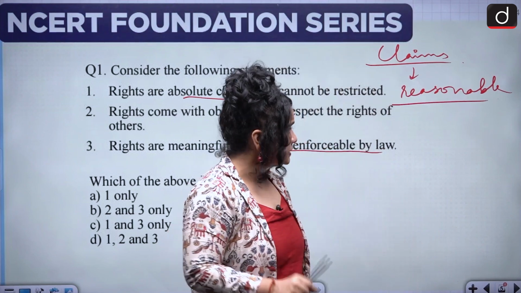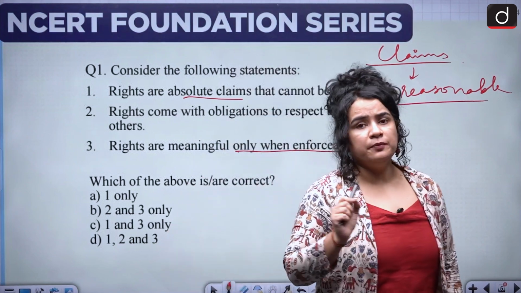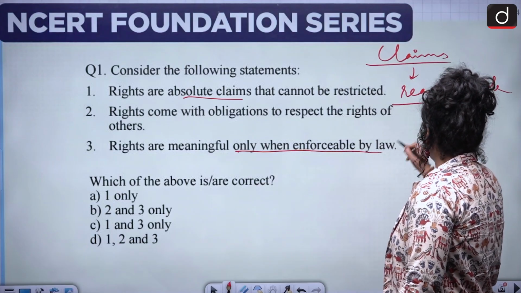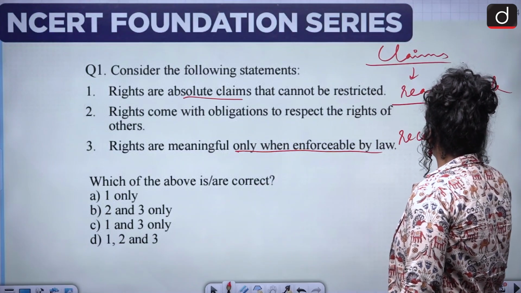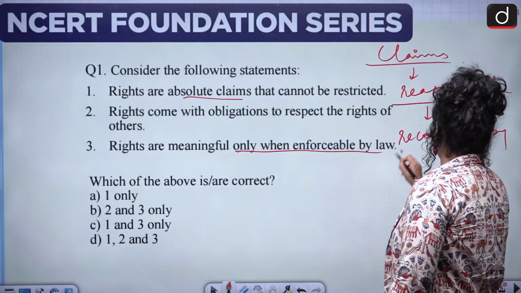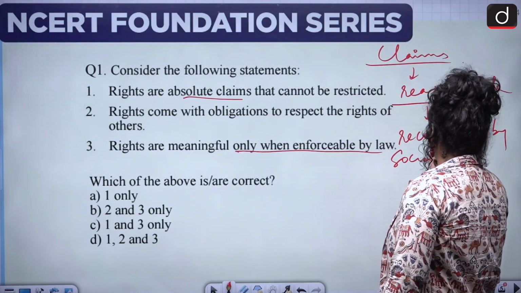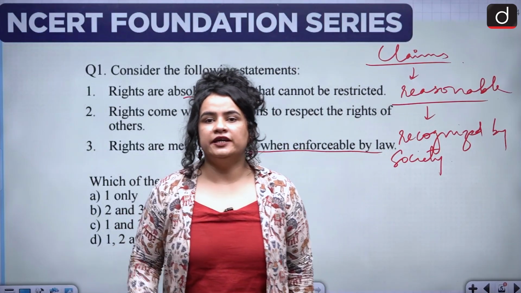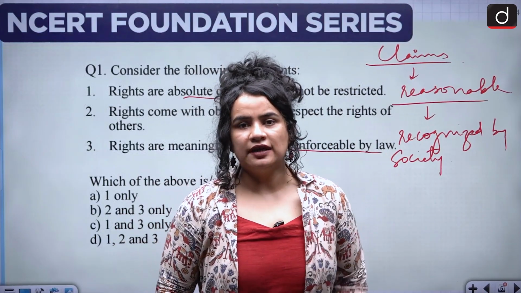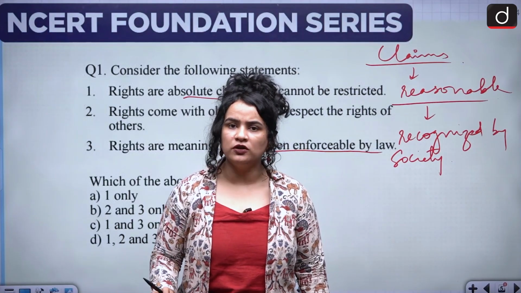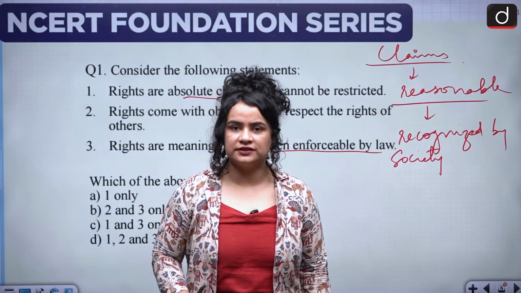Alright? Now, whenever we talk about rights, we talk about them in the purview of society. So, any rights have to be recognized by the society. Now, imagine you are living outside of the society. You are someone who has absolutely no social interaction, no community which you belong to, and you're living alone in a forest.